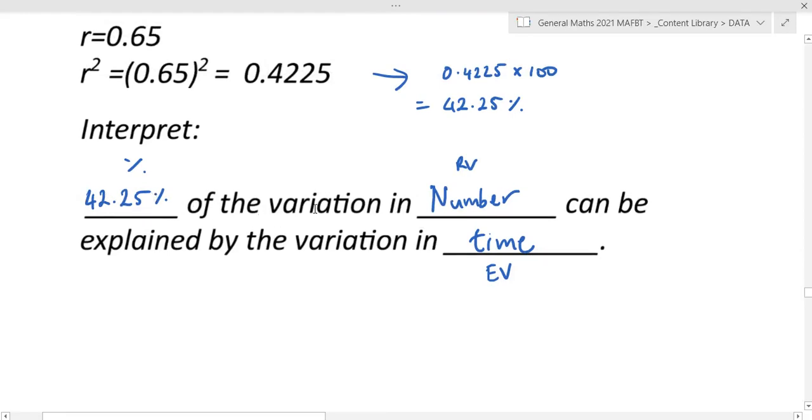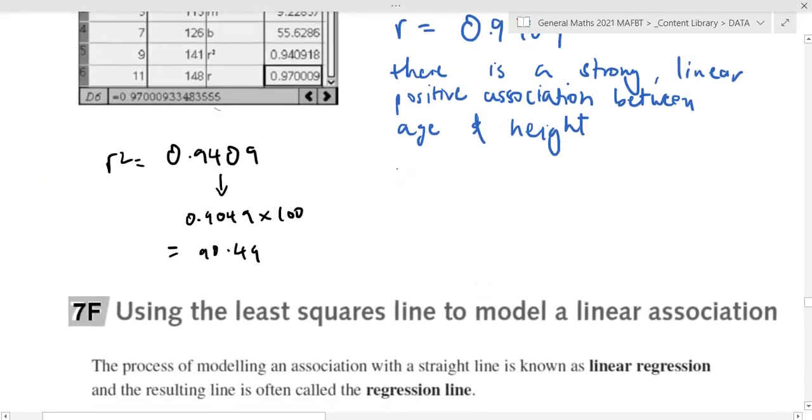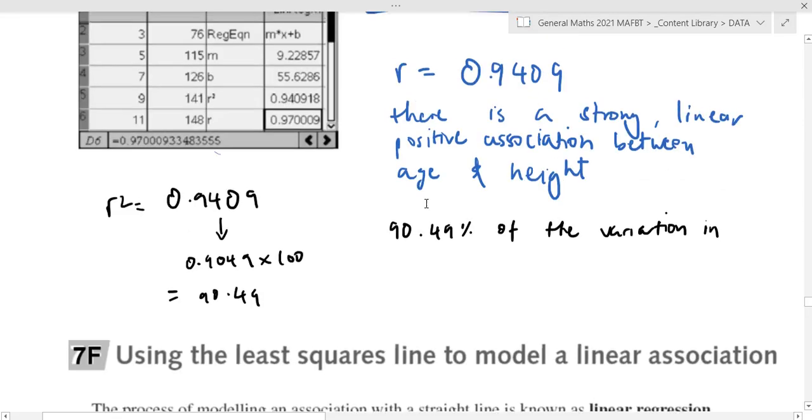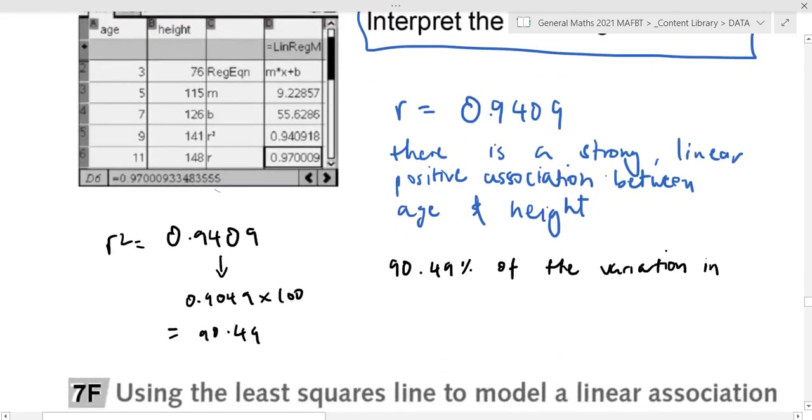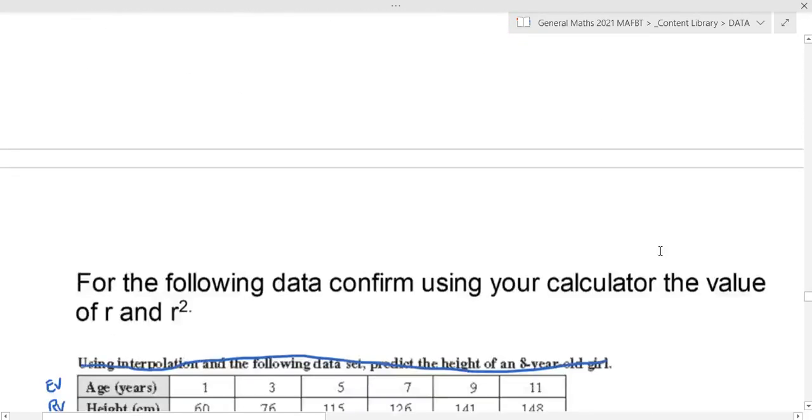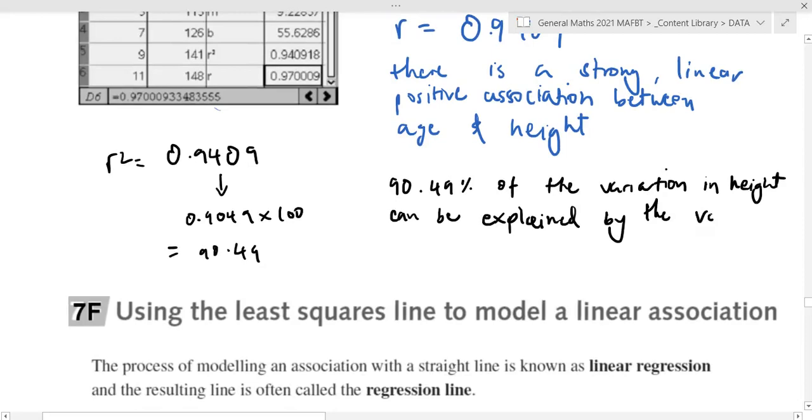So tell me the percentage of the variation in the response variable that can be explained by the variation in the explanatory variable, or the EV. So I would write here as an interpretation: 90.49% of the variation in height, which is what we determined as the response, can be explained by the variation in age.